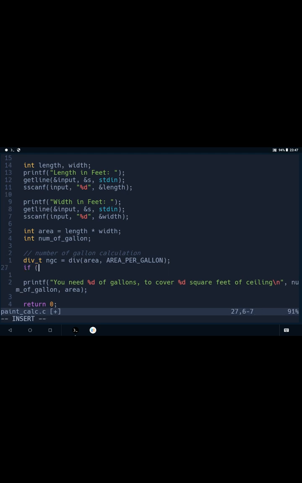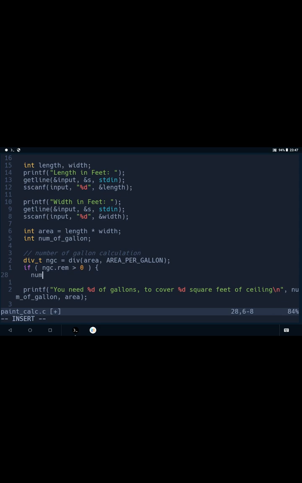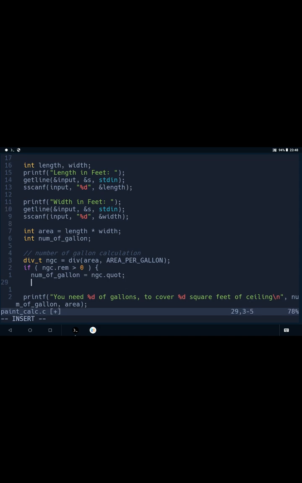So I used the if statement to get it done. If mgc.rem, the remainder, is greater than 0, then the number of gallons should be equal to the mgc.quot plus 1.